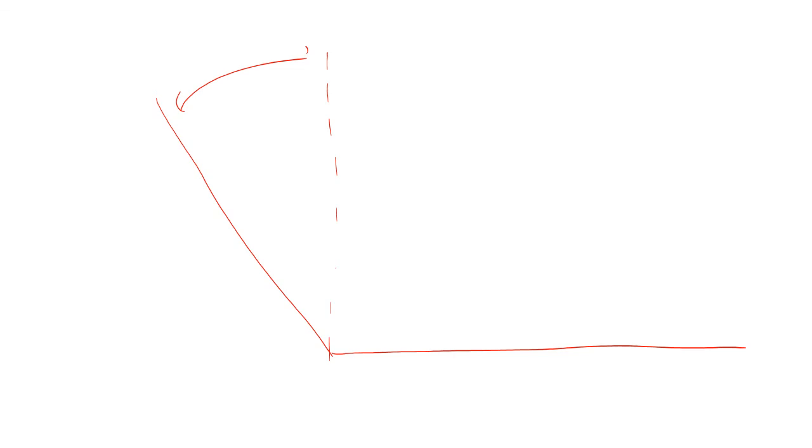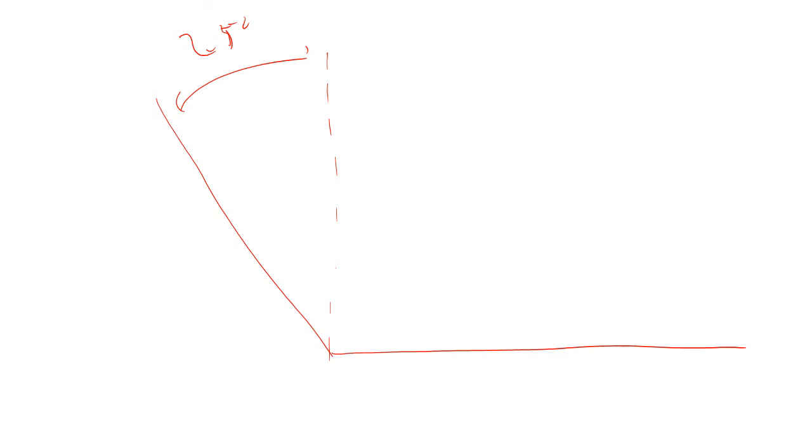Let's say that angle is tilted in such a way that it's 25 degrees away from vertical. It's not quite drawn right.